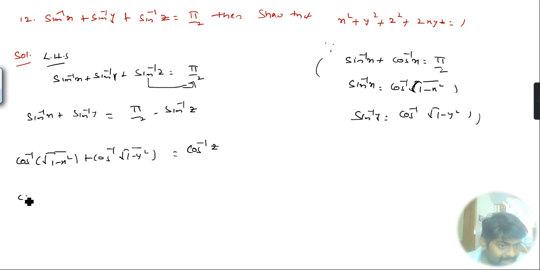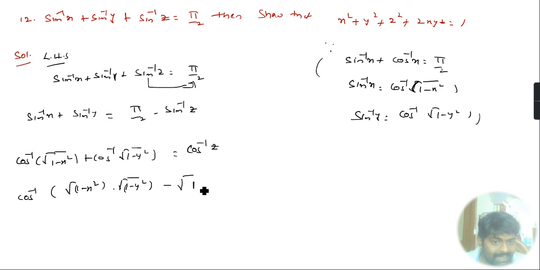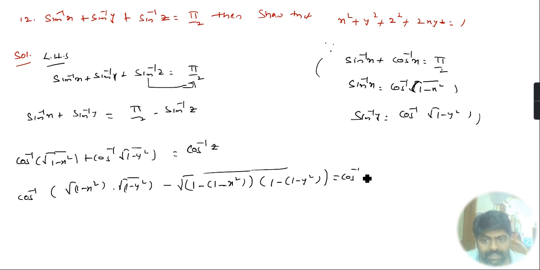And this is nothing but the cos inverse x plus cos inverse y formula. And this is nothing but cos inverse of xy minus root of 1 minus x square into 1 minus y square, equal to cos inverse z.